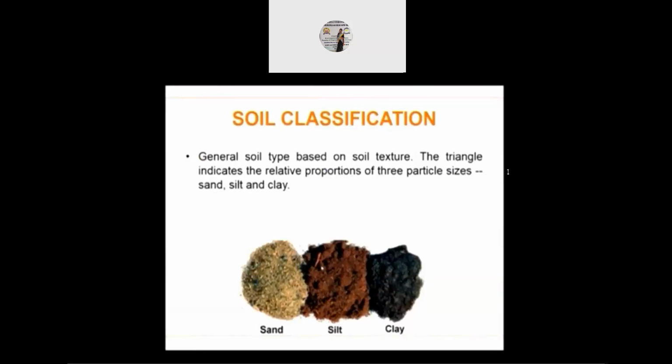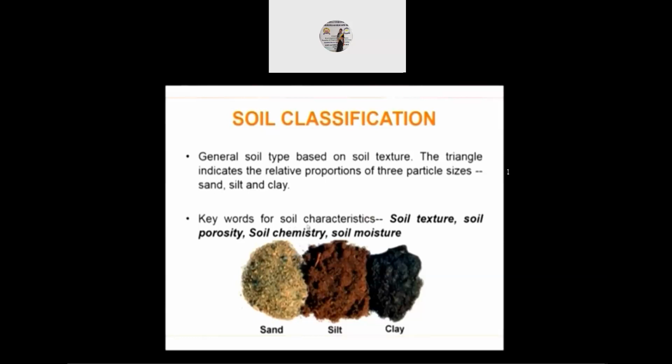It also varies with the particle sizes. Say, for example, the particle size of sand is much bigger compared to silt, which is even bigger compared to clay. So keywords for soil characteristics are soil texture, soil porosity, soil chemistry, and soil moisture.